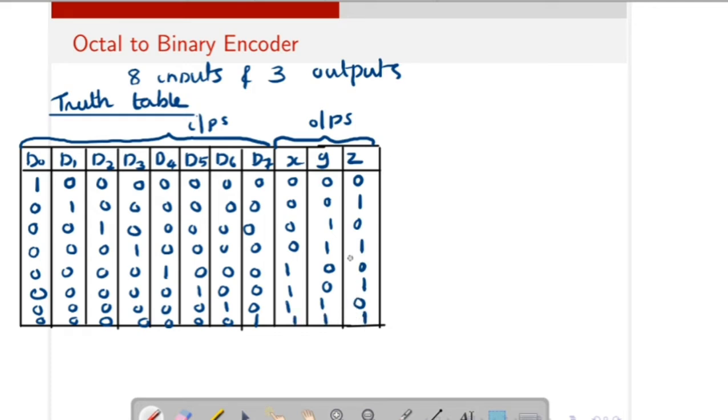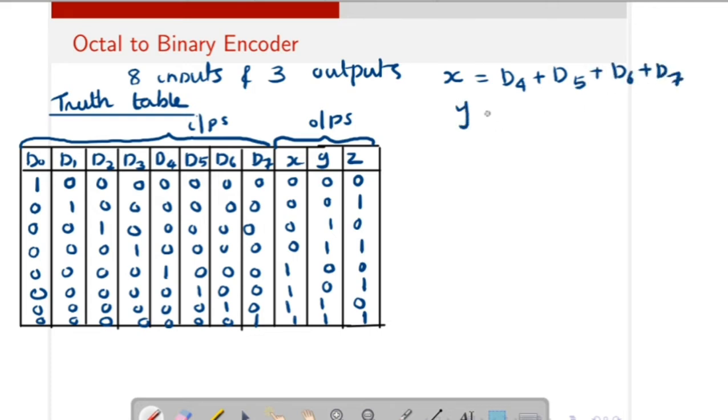Okay, so this is the truth table for the octal to binary encoder. Next we can find the equation for the outputs. Here the outputs are x, y and z. X is equal to 1 when D4, D5, D6 or D7 is equal to 1. So x is equal to 1 for D4 or D5 or D6 or D7.